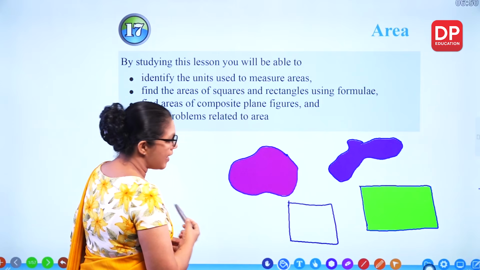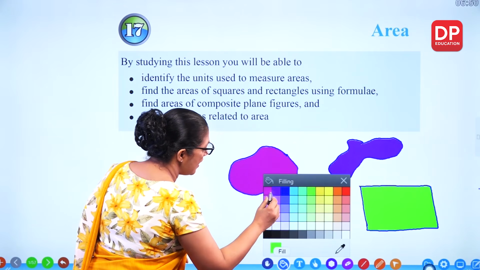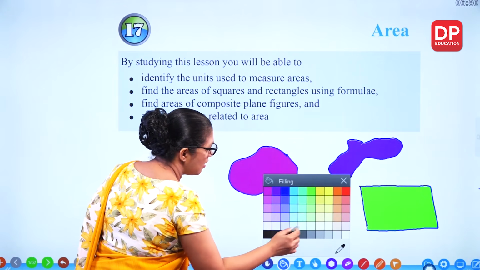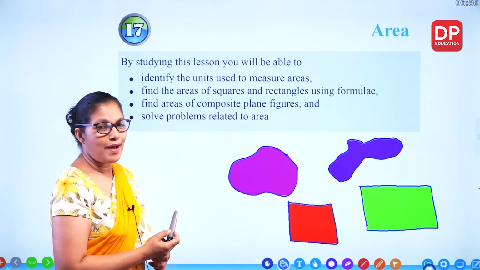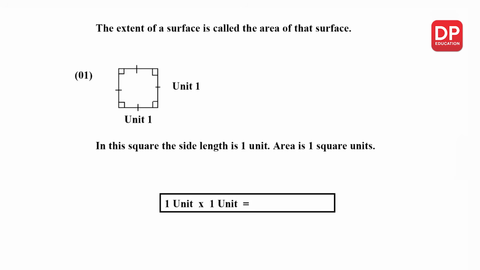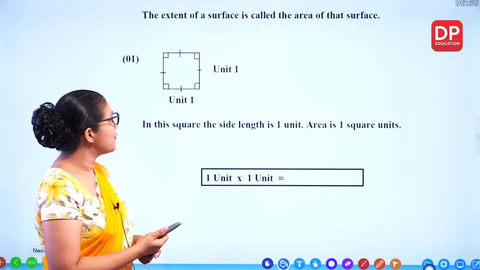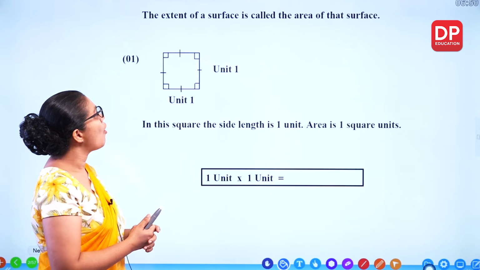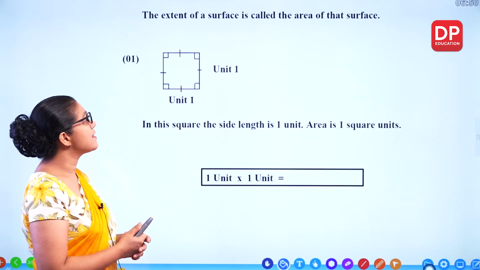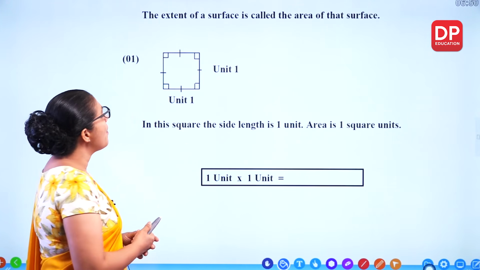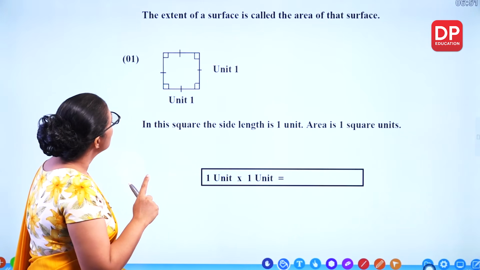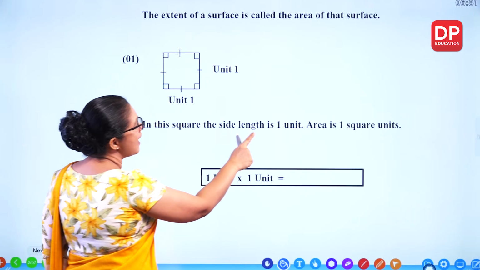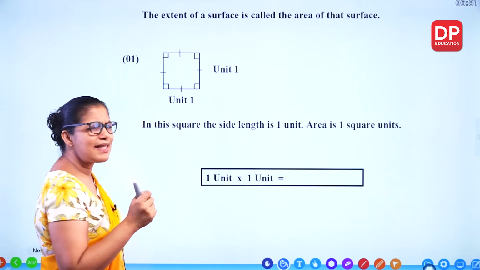So, area of a rectangle and area of a square. The extent of a surface is called the area of that surface. Look at this one. All sides are equal, so that's a square. Think about one side being 1 unit. In this square, the side length is 1 unit. What's the area?